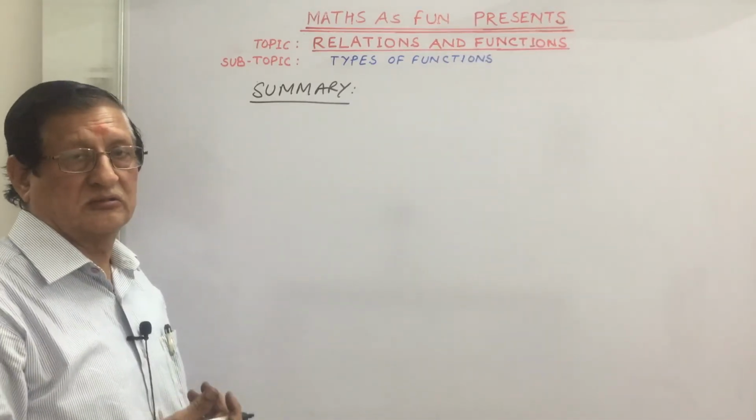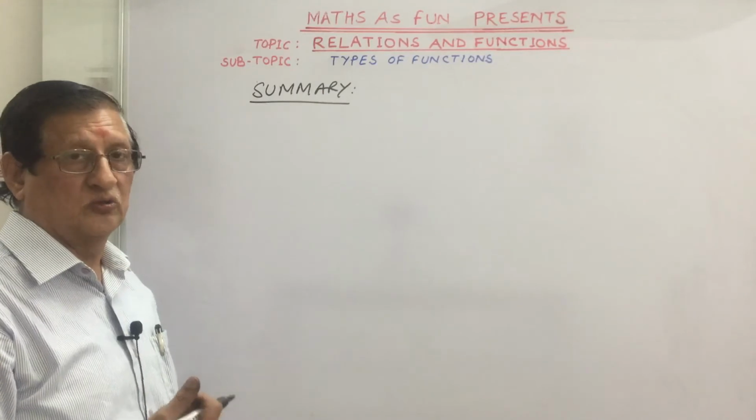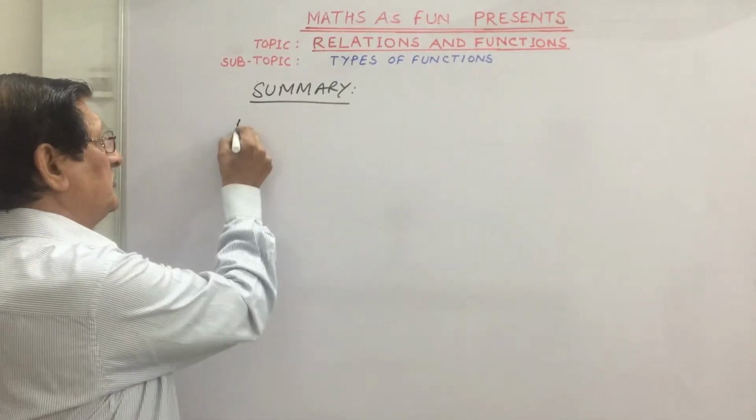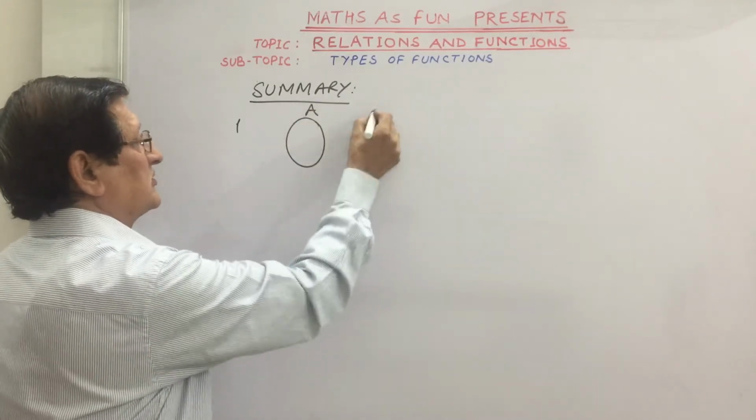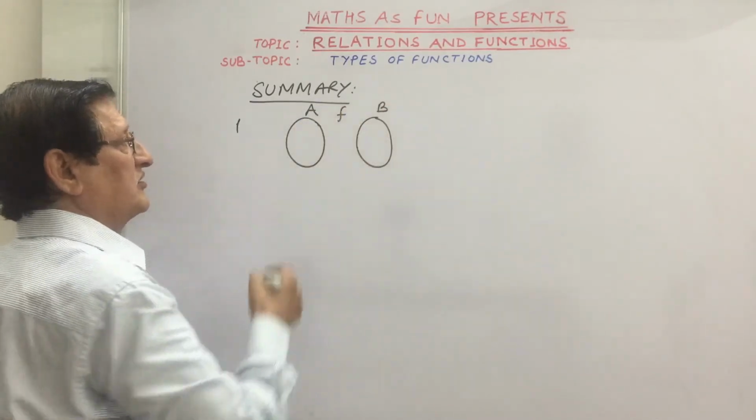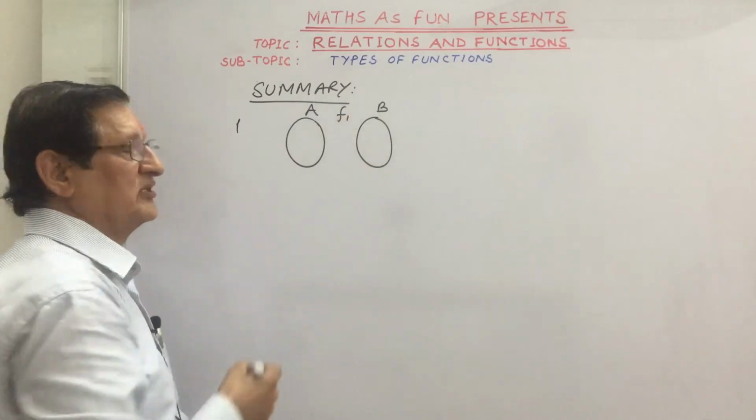Let's summarize what we learned today through some Venn diagrams. Number one case we take, this is suppose set A and this is set B, and f1 is the function we take.